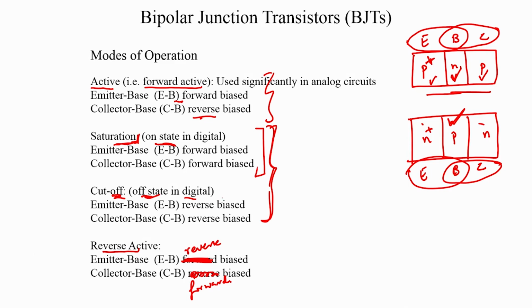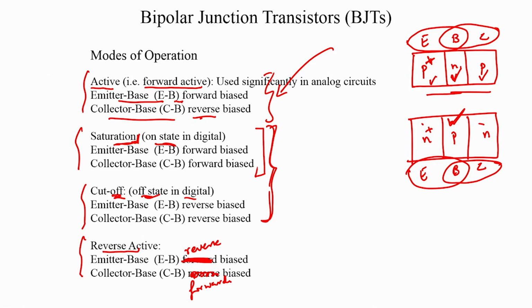The cutoff mode is where both the junctions are reverse biased and you do not permit any current. If you reverse bias both junctions, you do not permit any current at all through the circuit. These are the different modes of operation. In this particular lecture we will derive the general current voltage characteristics for the BJT, from which you can then specifically apply these conditions of making VEB large or VCB negative, etc., and derive your current voltage characteristics for the active, saturation, cutoff or reverse active modes as and when you desire.